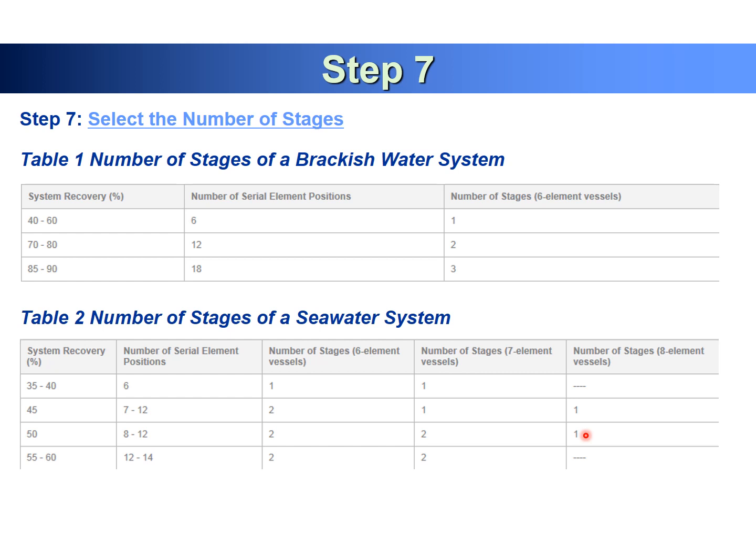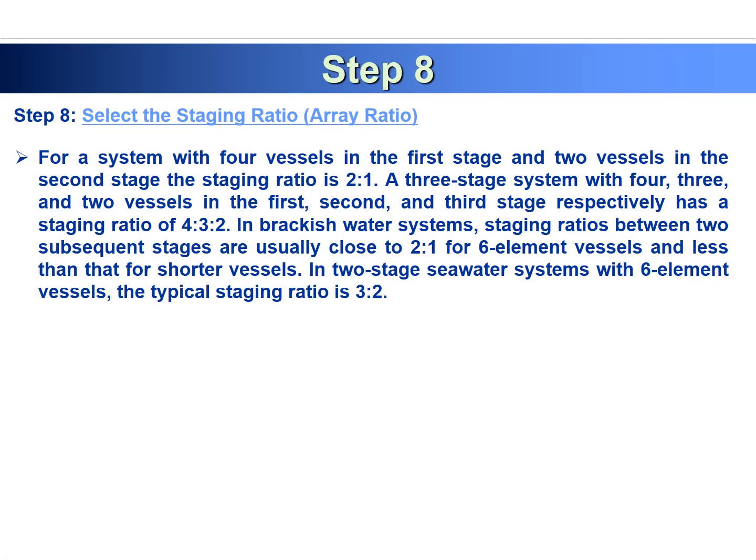In general, for your assignment, you may consider 45 to 50% recovery, and then you can consider a second stage. After that, we can decide how many staging ratio is required for our RO system.